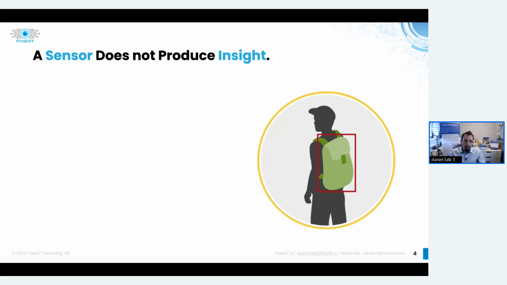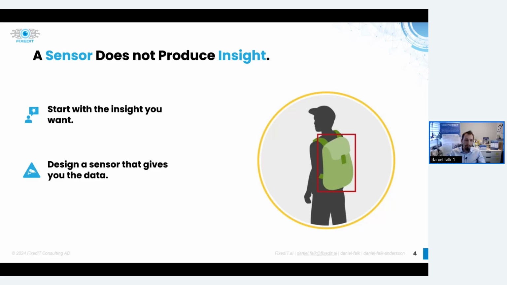So a sensor doesn't produce insight. A sensor provides data that we can combine with context over time to create insight. And that is what we need to remember. So we need to always start with what insight do we want from our dashboard, and then we go backwards from that and look at what sensors do we need and what information do we need from our sensors.